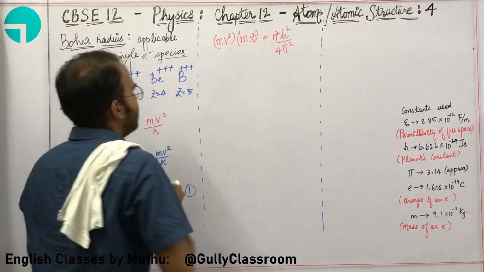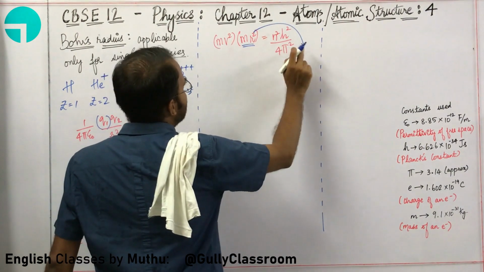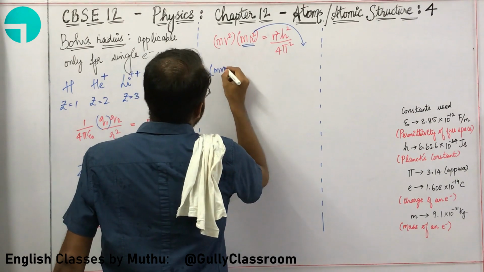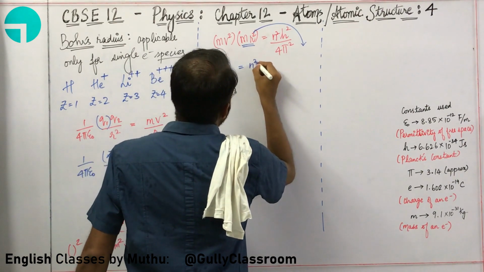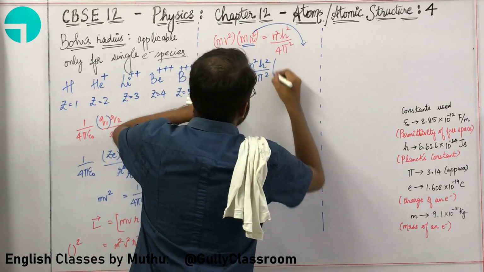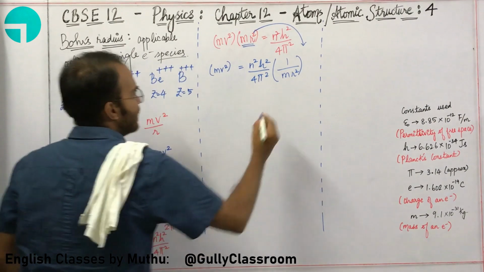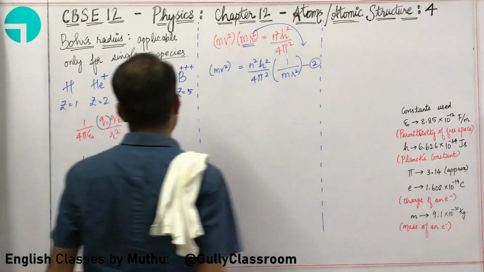Let me bring this mr square from the left side denominator to the right side. So I am going to write this as 4 pi square mr square. I am going to mark this as the second equation.